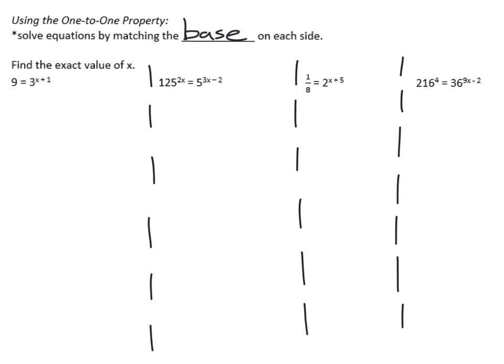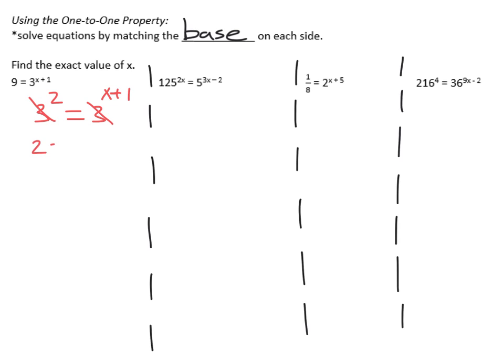All right, back to it. Right here, this would be kind of an example of the one-to-one property. Over on this left side, I see 9, right? But I can write it as 3 squared, so it would have the same base as the right side. Basically, when you do that, I'm working backwards to get A. It's almost like the bases just cancel each other out.